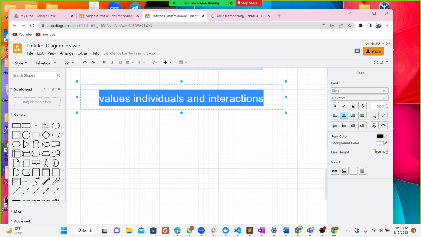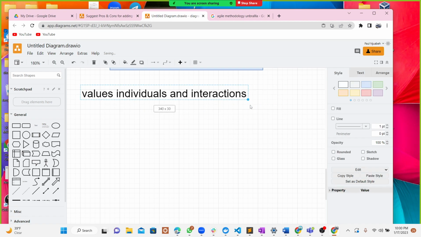And the second point was that they would prefer working software over comprehensive documentation. Sometimes you will see a lot of projects having a lot of documentation and we are not able to have something that is working. They said, give us something that is working. That's what we want.